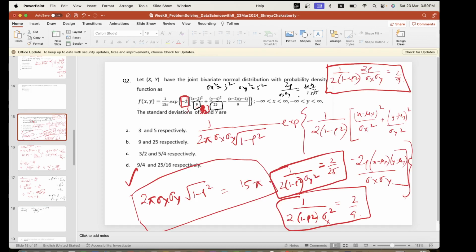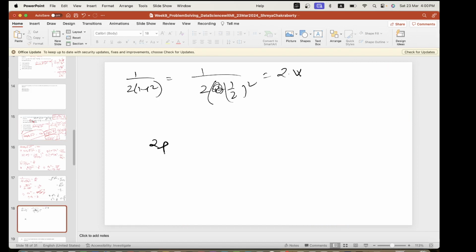Now the only query that remains is this thing. So it should be 1 by 9, 2 rho by sigma x sigma y. So 2 rho by sigma x sigma y should be 1 by 9. Is this holding true?